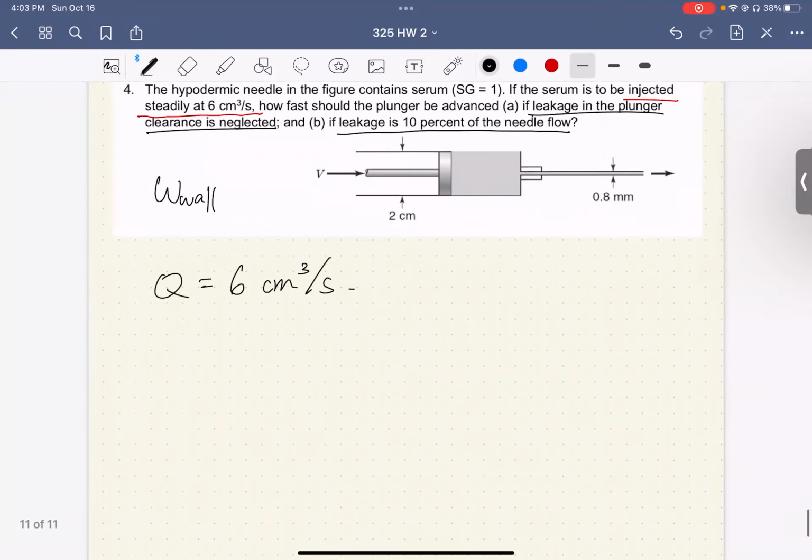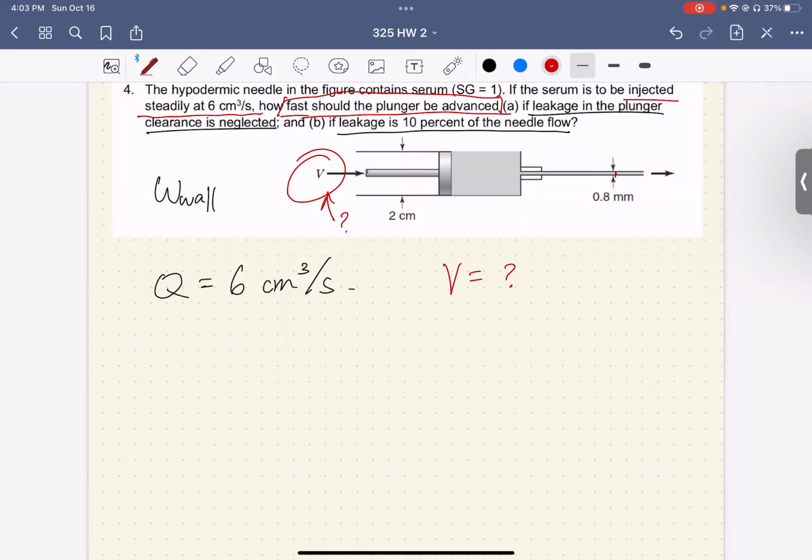Well, we also know these distances right here. This is 2 centimeters, and this is 0.8 millimeters, right? So we know our flow, and it's asking us about how fast should the plunger be advanced. That means it's asking, what is V? So we need to find V.